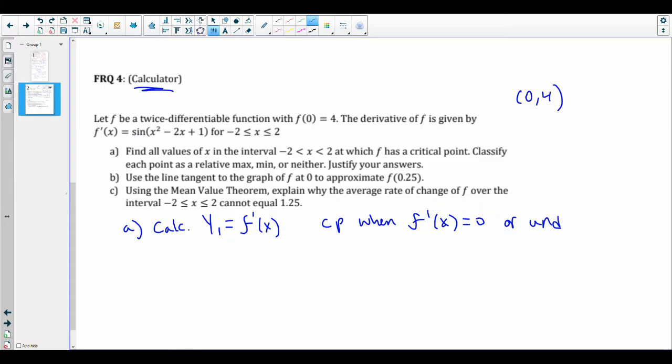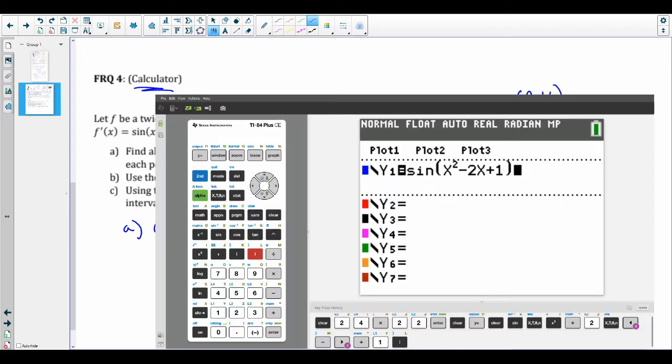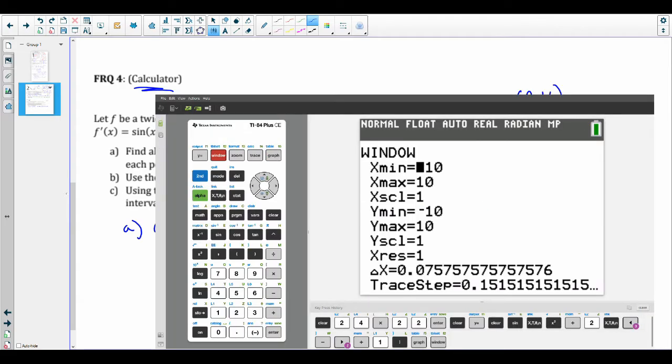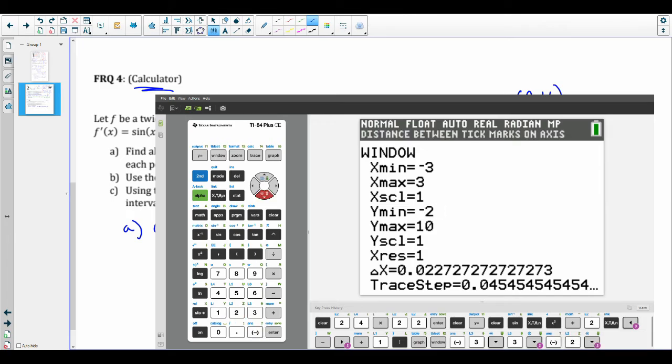What I'm going to do is look at the graph. Go to your window. We only really need to look from -2 to 2, so I'm going to make my window just bigger than that, so -3 to 3. And we don't need all this empty space vertically either, so let's change this too.